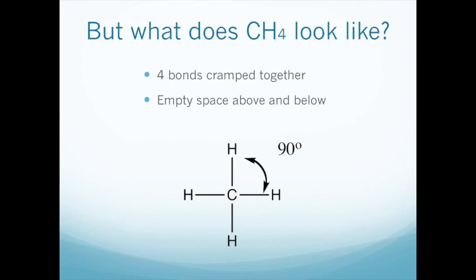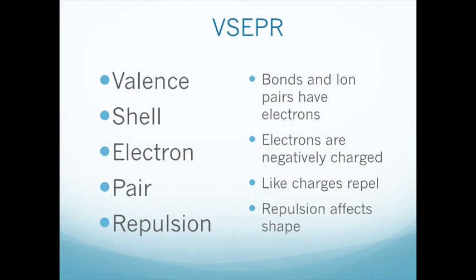We'll talk a bit about how these electrons and bonding atoms interact with one another to make the shapes of different molecules. In order to do this, we have to talk about something called VSEPR theory, which means valence shell electron pair repulsion.